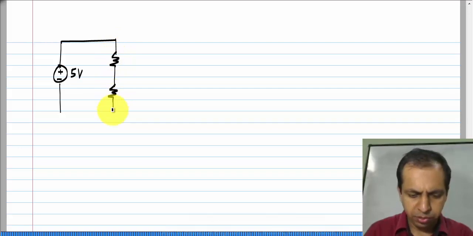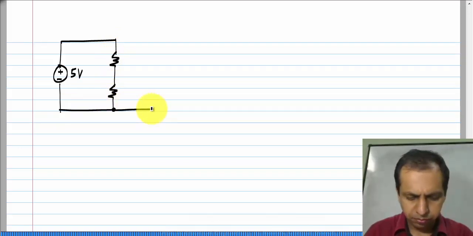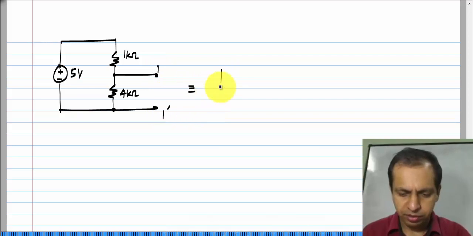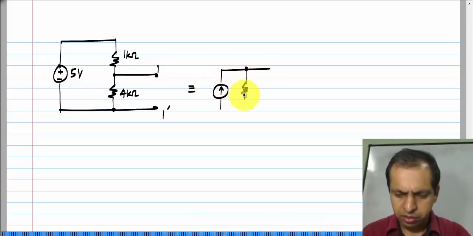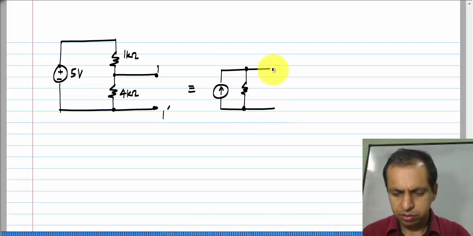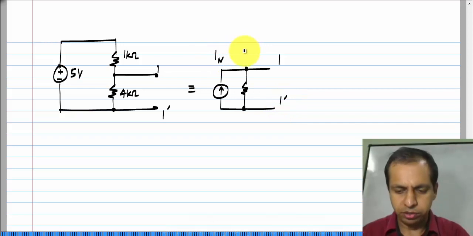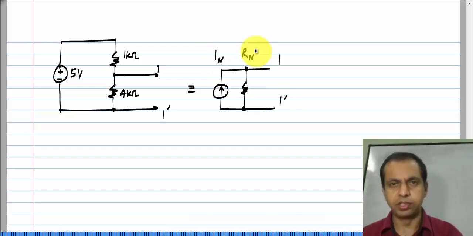Let us take a very simple circuit, and we want to find the equivalent model in this form with a Norton current source and a Norton resistance in parallel.